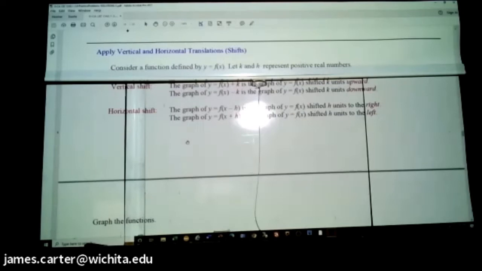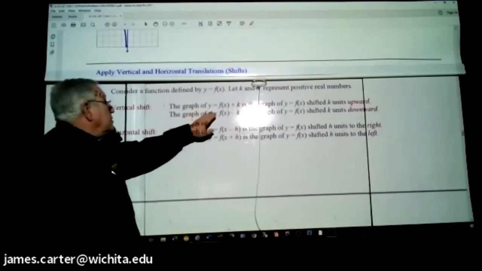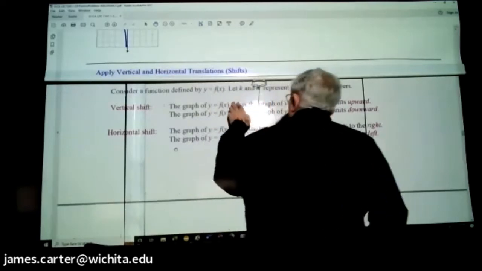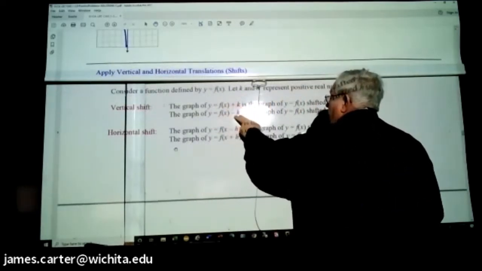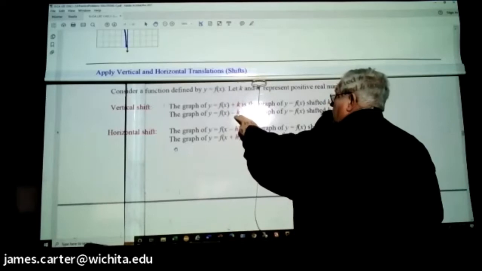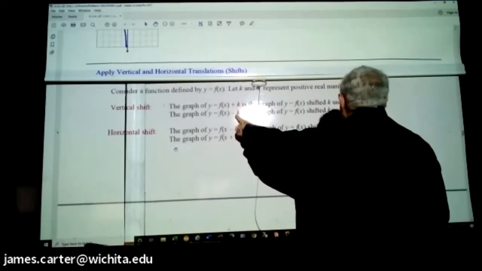Okay, apply vertical and horizontal shifts. What happens for a vertical shift? We add to the x value or subtract from the x value if we want to go down. So this moves it up, that moves it down.